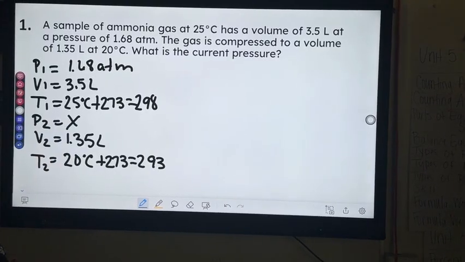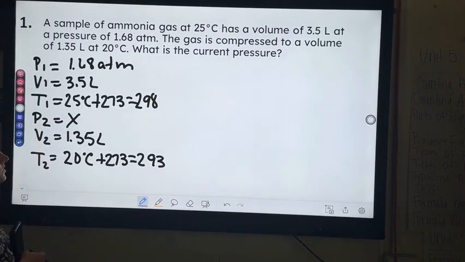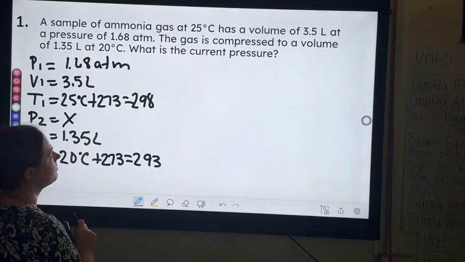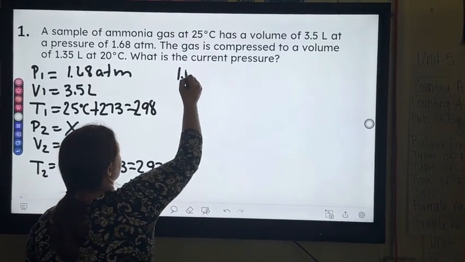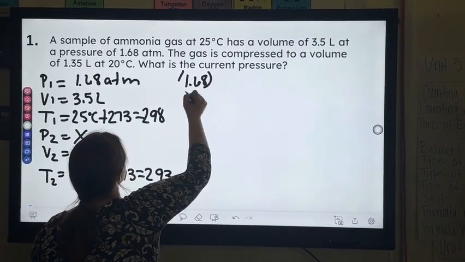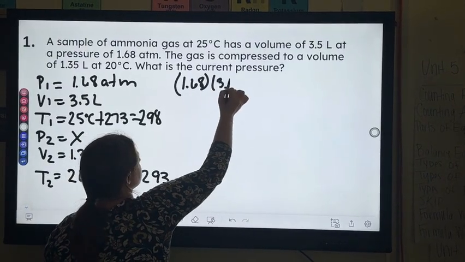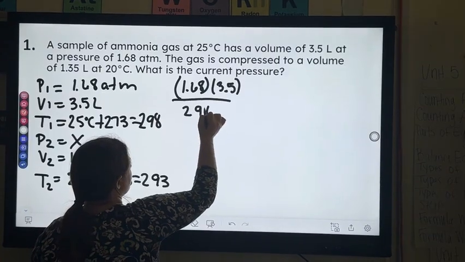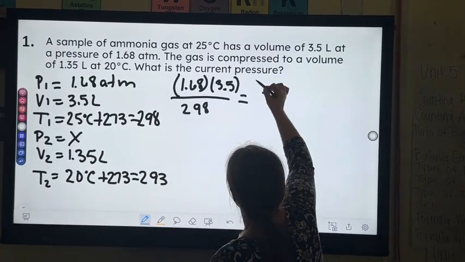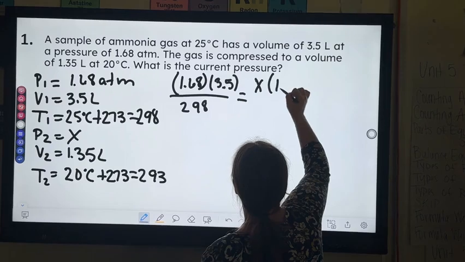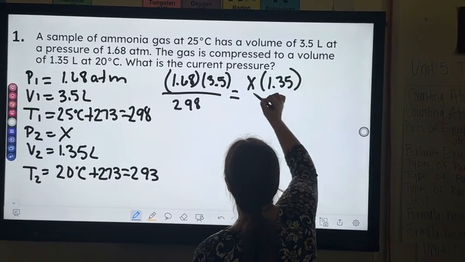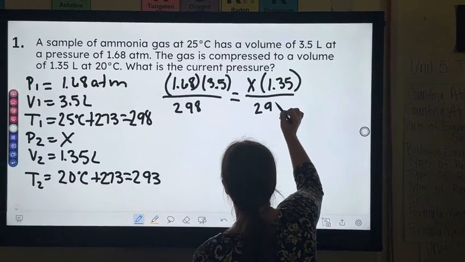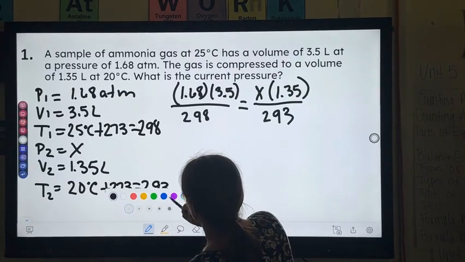We know our equation is P1 V1 over T1 equals P2 V2 over T2, so we can plug things in. So 1.68 times 3.5 liters over 298 is equal to X times 1.35 over 293, and then we're going to cross multiply.